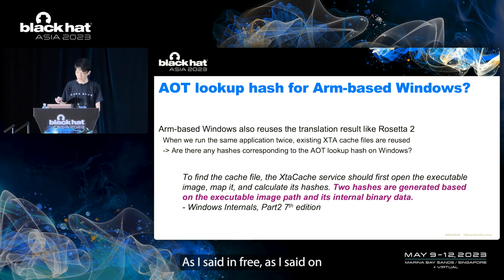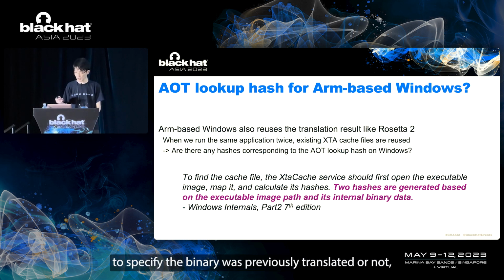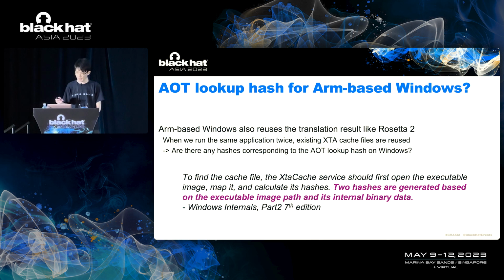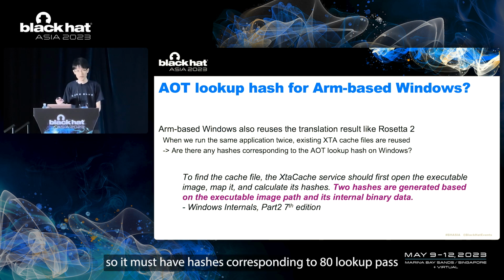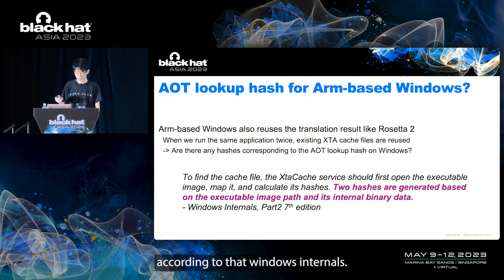As I said in the intro, ARM-based Windows has a caching mechanism and must check whether the specified binary was previously translated or not. So it must have hashes corresponding to the AOT lookup hash. According to Windows Internals, two hashes are generated based on the executable image path and its internal binary data.